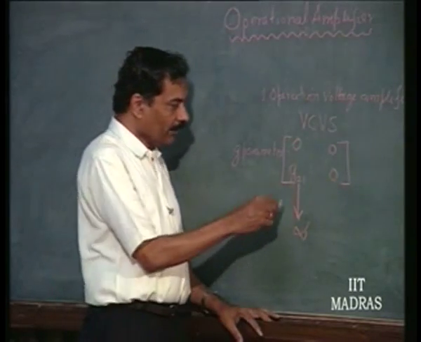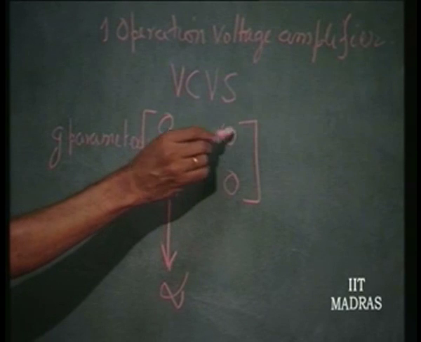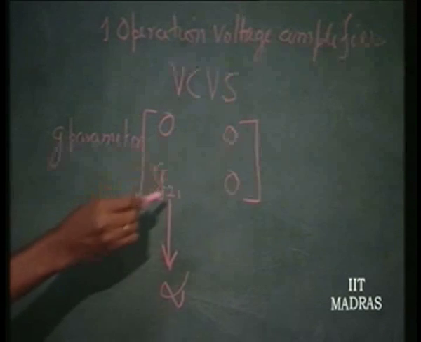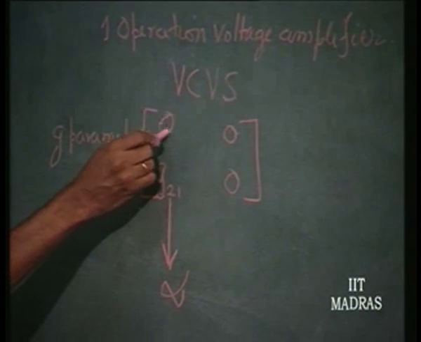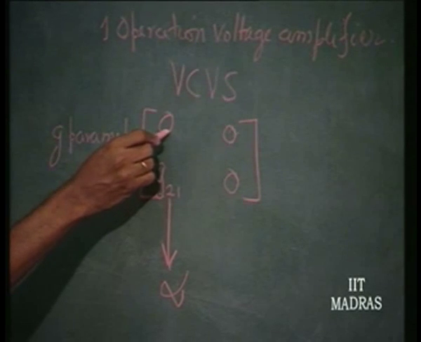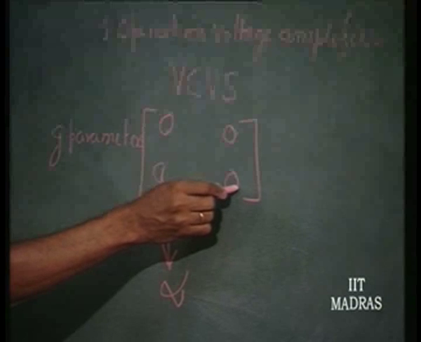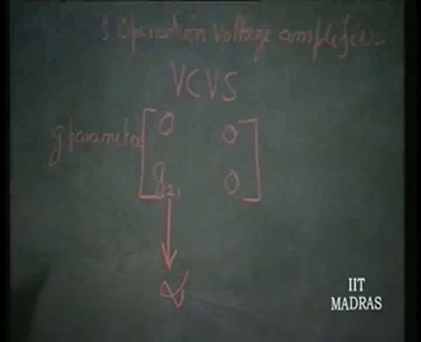Now, if you are going to make this go towards 0, which is nothing but feedback parameter, obviously, this is feed forward parameter, this is input immitance, this is output immitance. I have told you about immitance parameters. Immaterial what the parameter is.